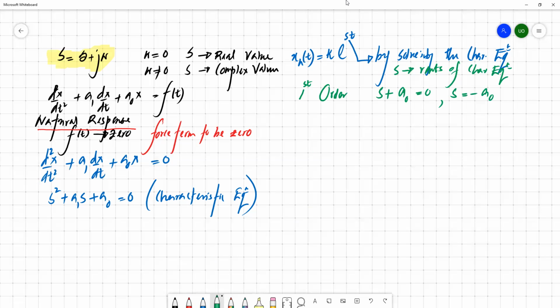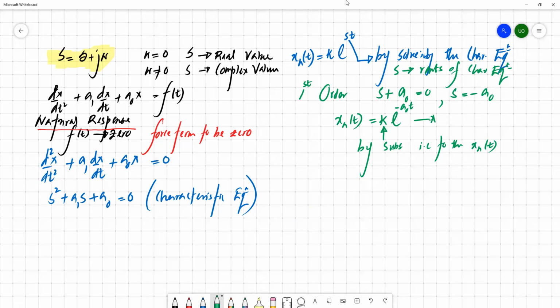So you just plug it in here and you can claim that the natural response is in the form of k e to the power minus a naught t. Then you can find the k value by substituting the initial conditions.